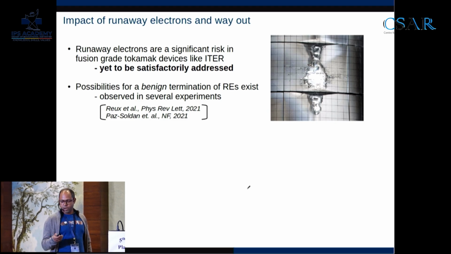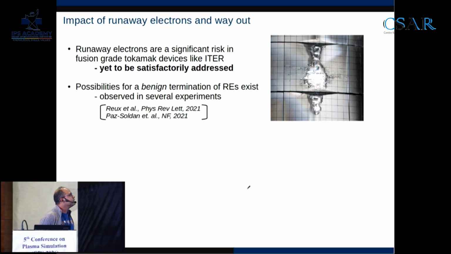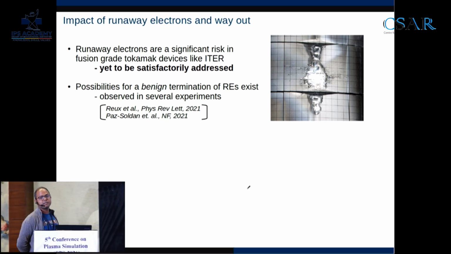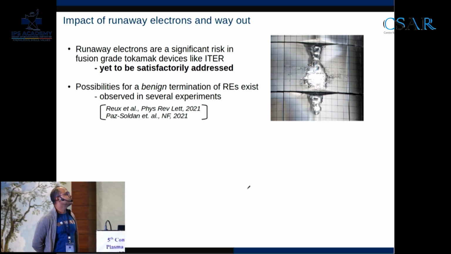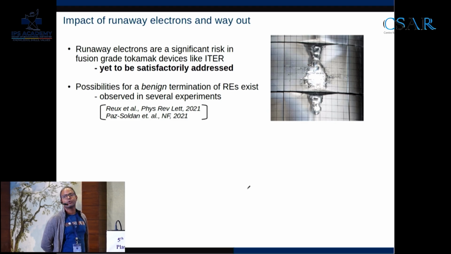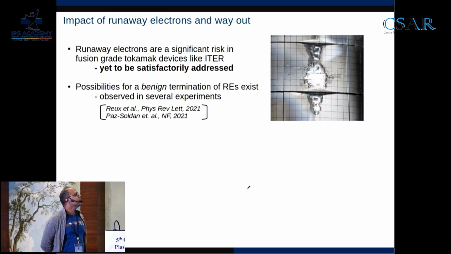So we don't want outages in fusion-grade devices, so that is why this is a big issue. And what you see here in the picture is already in the machine called JET, or Joint European Torus. So here you can see the tiles are simply melted or evaporated due to the impact of these runaway electrons.